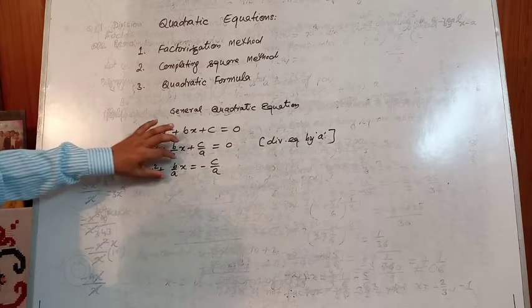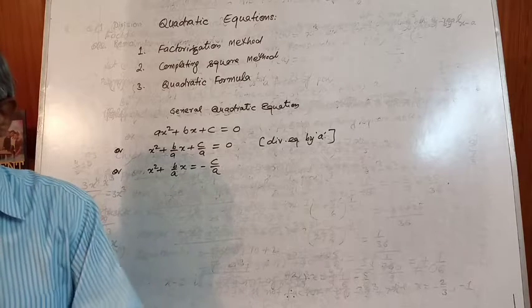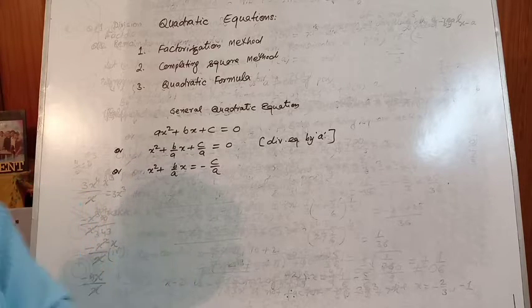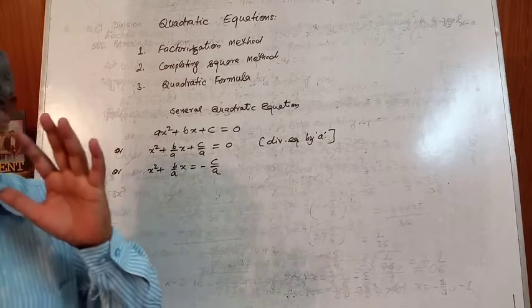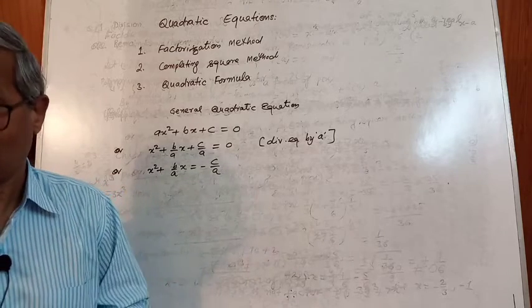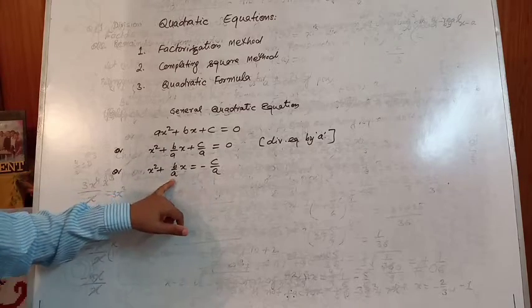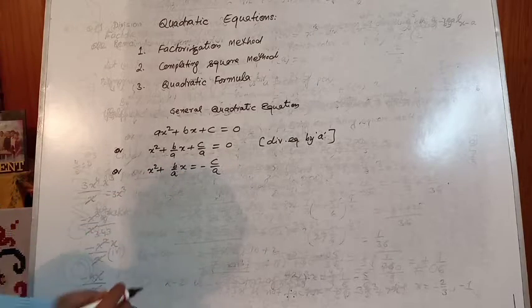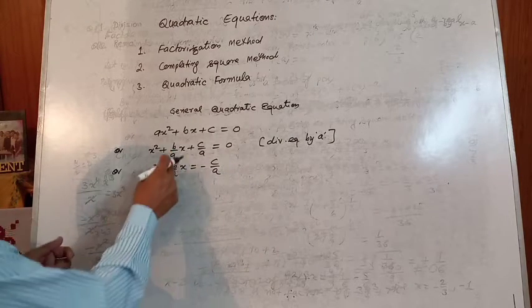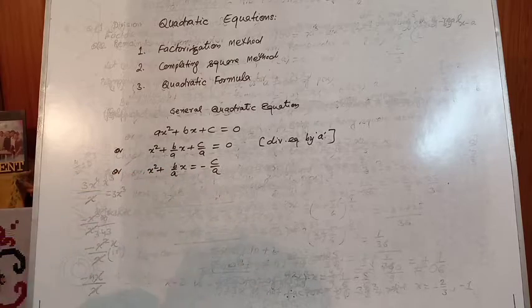Now here the coefficient of x is b by a. Divide this coefficient by 2. If b by a is divided by 2, then what will we get? b by 2a.